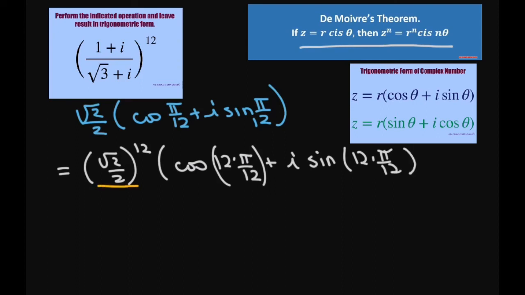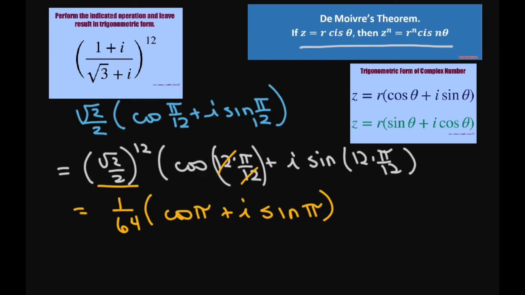This is just going to be 1 divided by 64. And then we're going to have cosine of pi, these two cancel, plus i times sine of pi. Now that's in trigonometric form, and basically what it would be is 1 divided by 64.